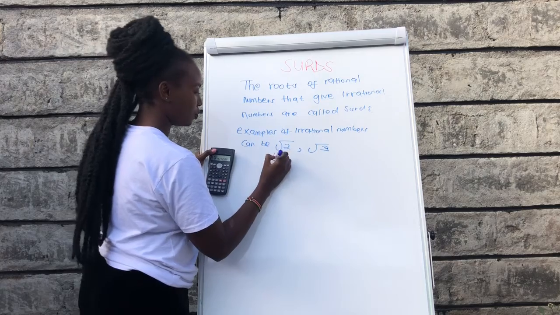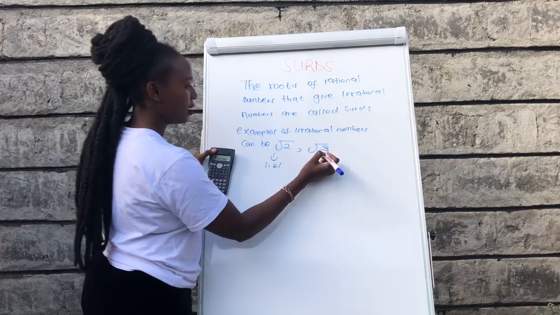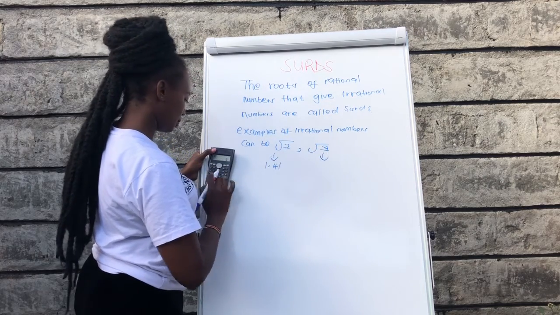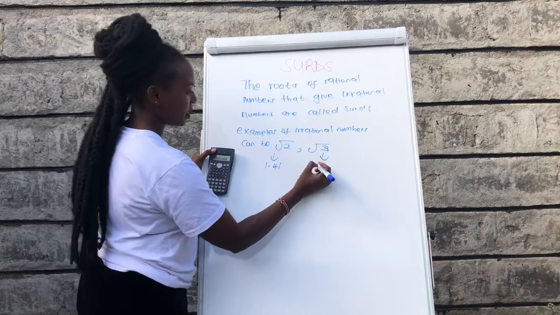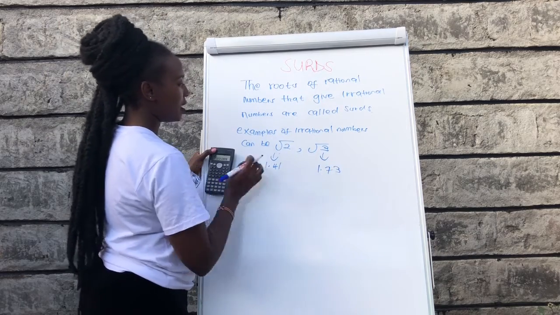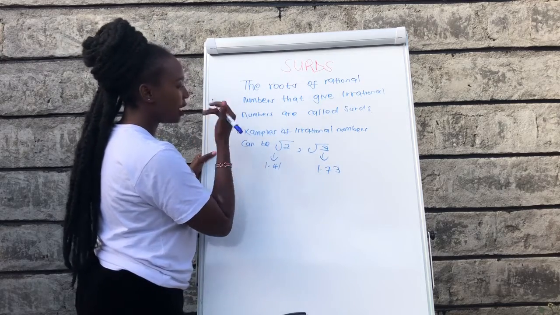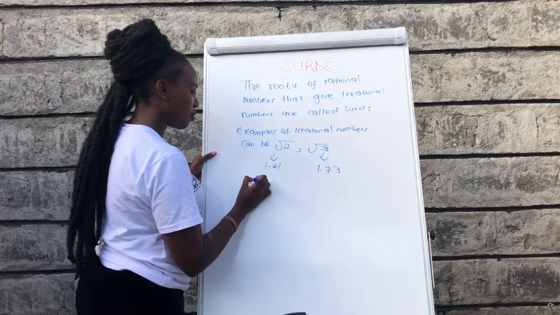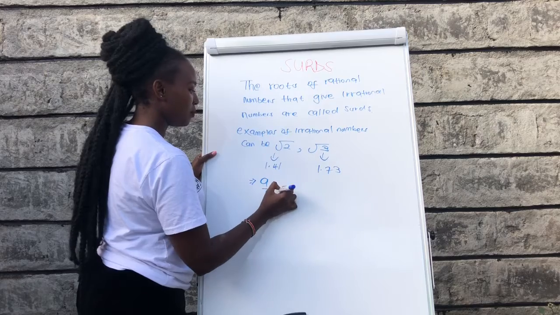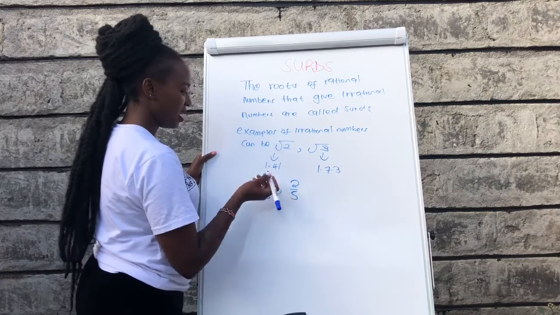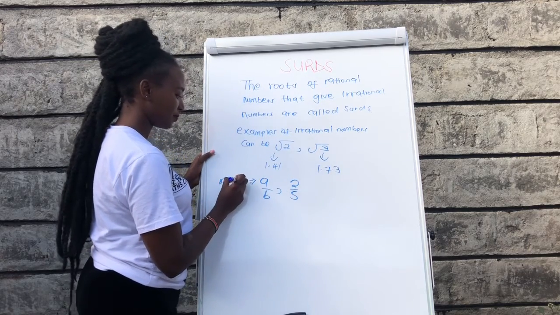And like we see, root 2 is 1.41, root 3 is 1.73. So those are what we call irrational numbers. And rational numbers can be in the form of a over b, maybe 2 over 5, and such.